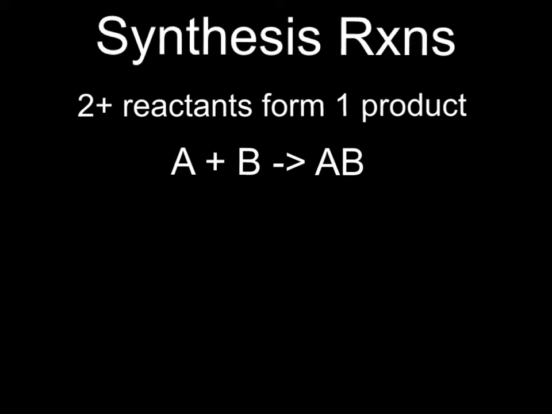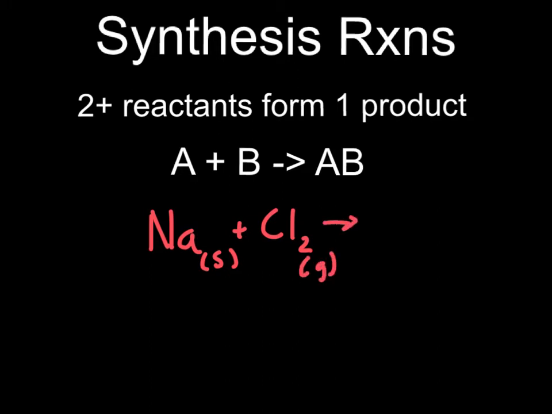Let's take a look at a chemical equation that we could use for real. Sodium metal and chlorine gas, remember Brinkelhoff, combine to produce sodium chloride, which is tasty salt, which is a solid, most definitely.